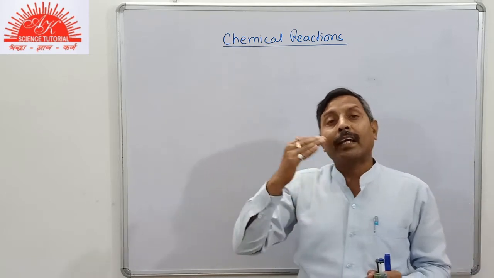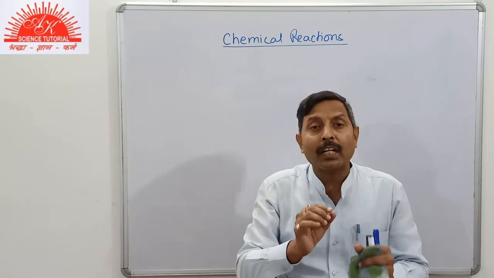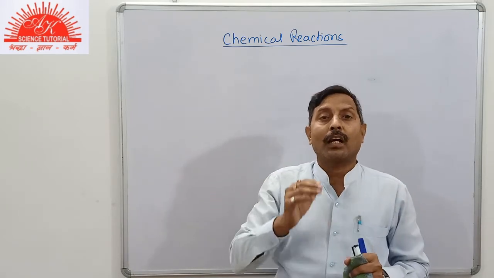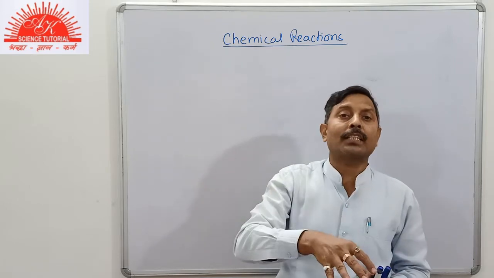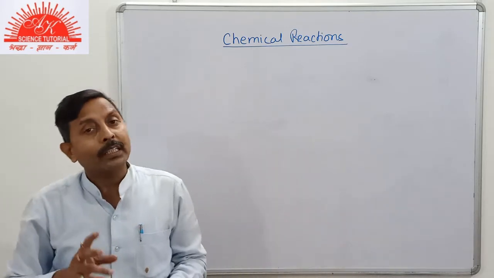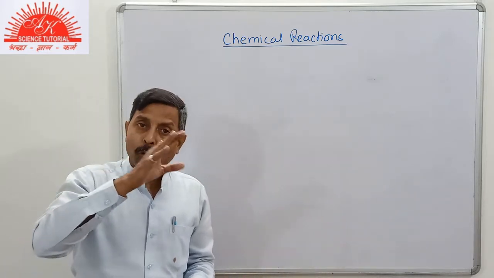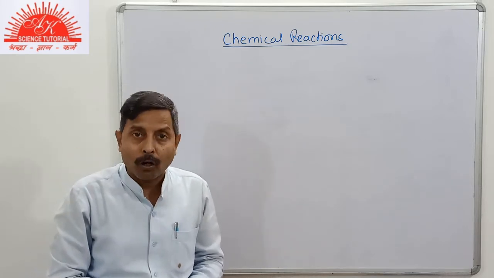So, when a chemical change has to take place, the bonds of the reactant molecules are broken, and when a new substance is formed, new bonds are formed again. So in this process, the old bonds are broken and the new bonds are formed.